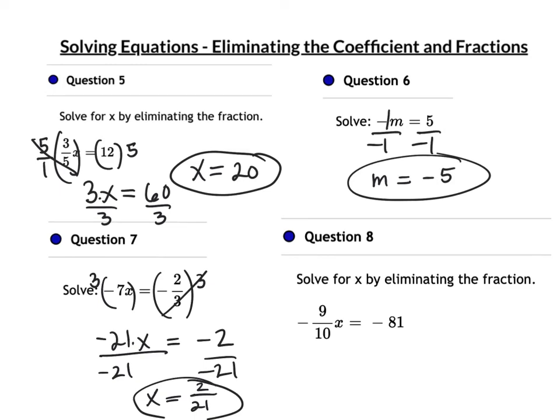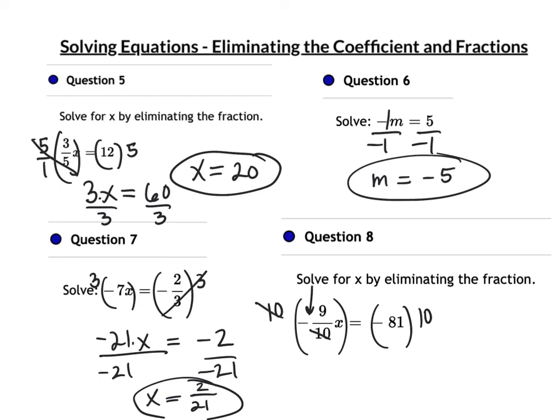Question 8, I'm going to get rid of fractions. I'm going to multiply by 10. Now this is the first one that has that negative there. Now you can either multiply by 10, or if you wanted, you could multiply both sides by negative 10 and eliminate that negative at the same time. I'm just going to use 10 for now. Multiply by 10, the 10's cancel.